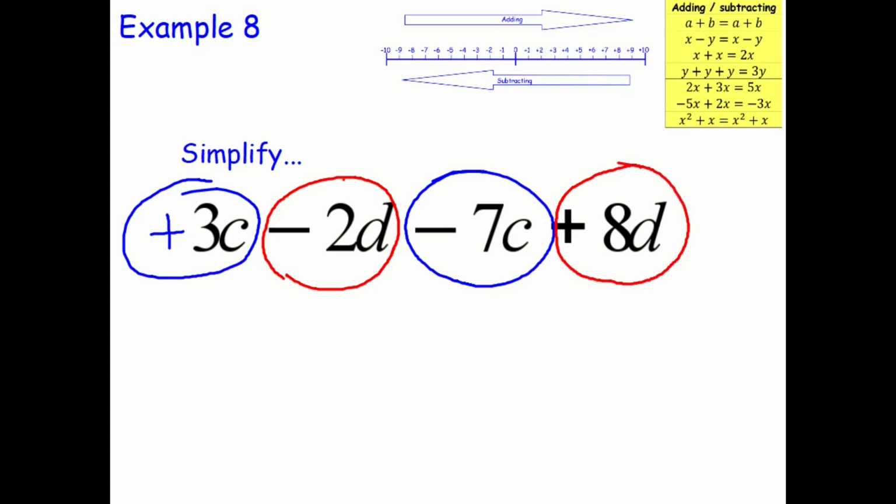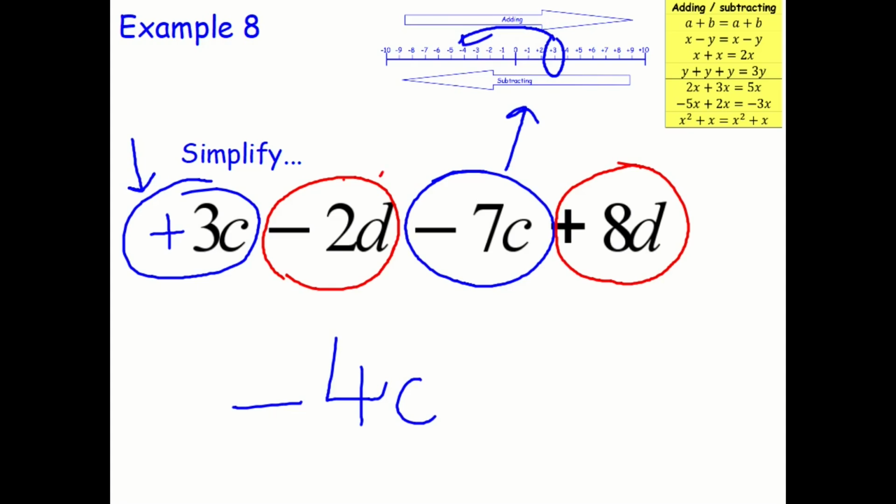So let's have a look at the number line. I'm starting off with this one, I'm going to go to plus 3 on my number line, and now I'm going to subtract 7. If I subtract 7, I'm left with minus 4c on my number line.